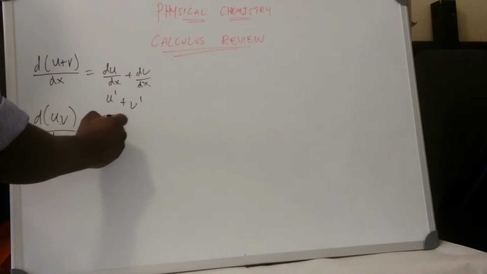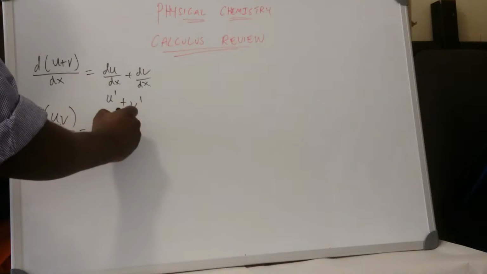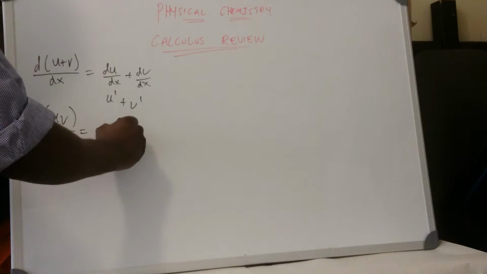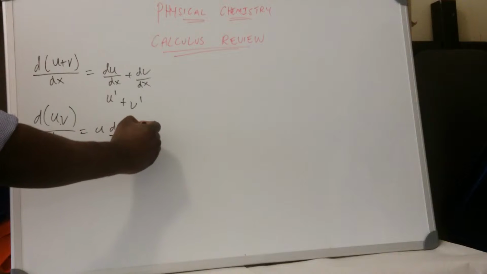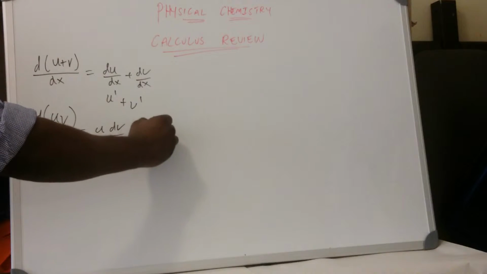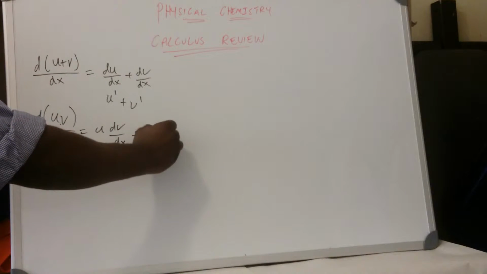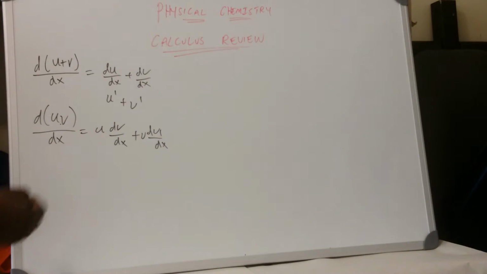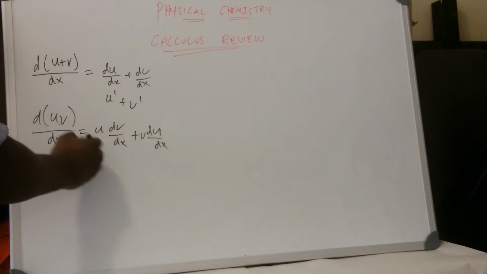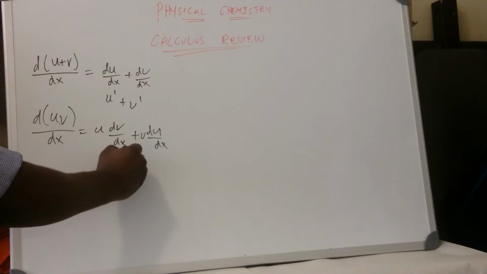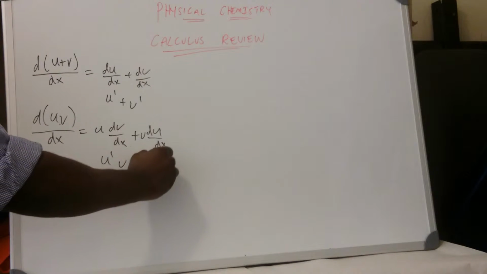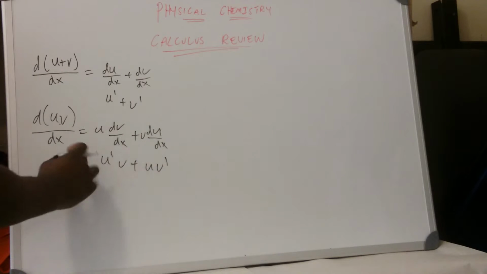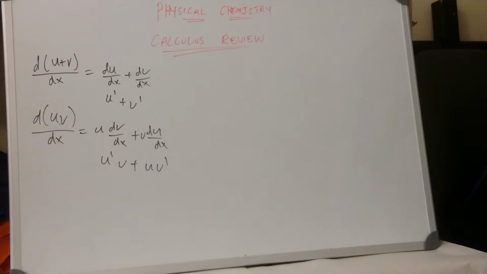So this equals u dv/dx plus v du/dx, or you can write u prime v plus u v prime. Same thing, whichever way you manipulate it.